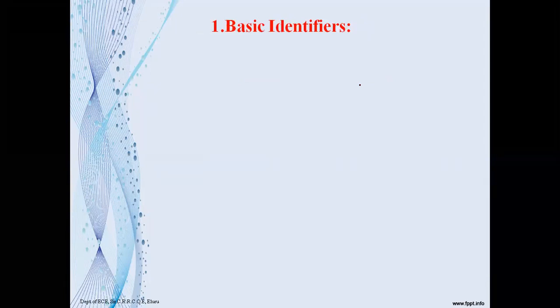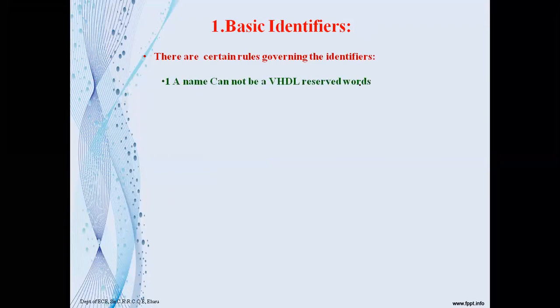So the basic identifiers. There are certain rules governing the identifiers. So we will see those rules and how to write the identifiers. Okay, so here the first rule is a name or an object cannot be a VHDL reserved word.